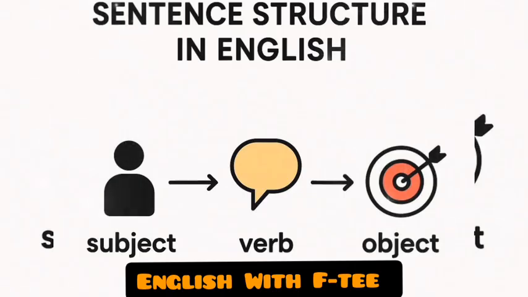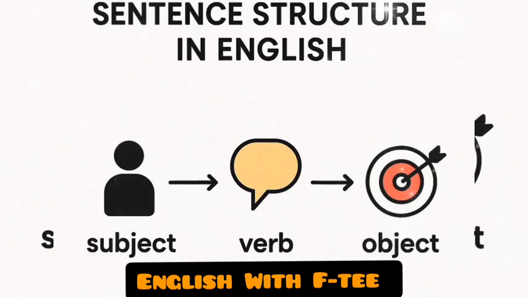Complements are further divided into two types based on which component they speak about. The two types of complements are the subject complements and the object complements. Let me explain.